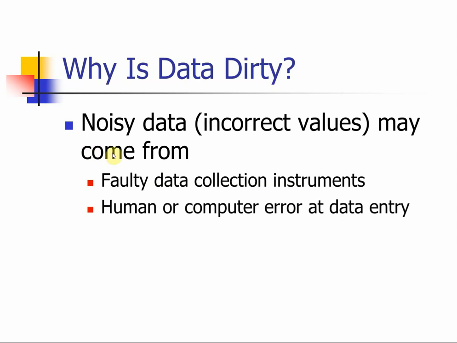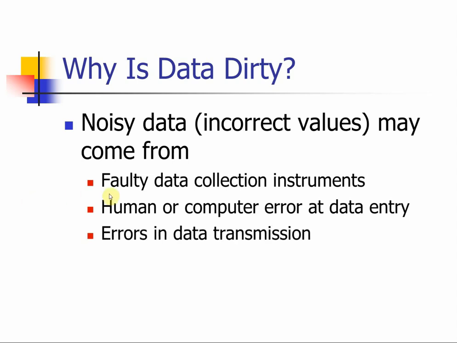Human or computer error at data entry: most of the time people need to hand type in things, and we all have these experiences when we try to type in our password. That's something we use all the time. Or when we try to type in our social security numbers, you may end up with one or two errors when you input, because your fingers are not a machine. This is your hand. You basically need to manage it and stroke the correct key all the time. It's not going to be that easy.